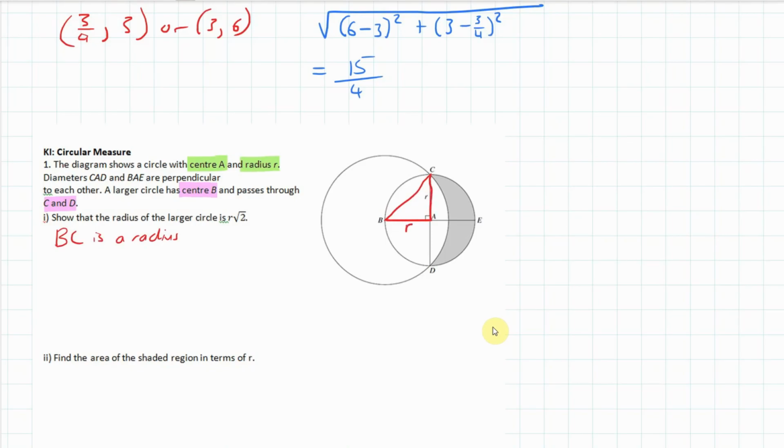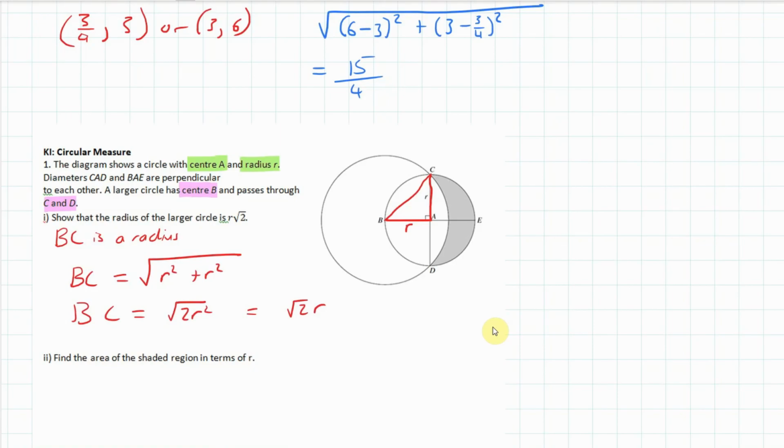We know that BA is r and CA is also r, so BC is equal to the square root of r squared plus r squared using Pythagoras. So BC is equal to the square root of 2r squared, which is equal to the square root of 2 times r.